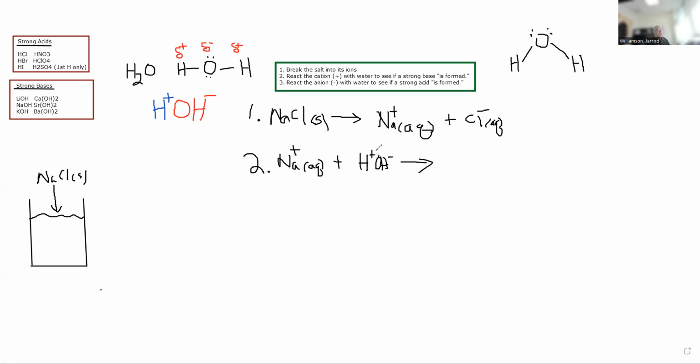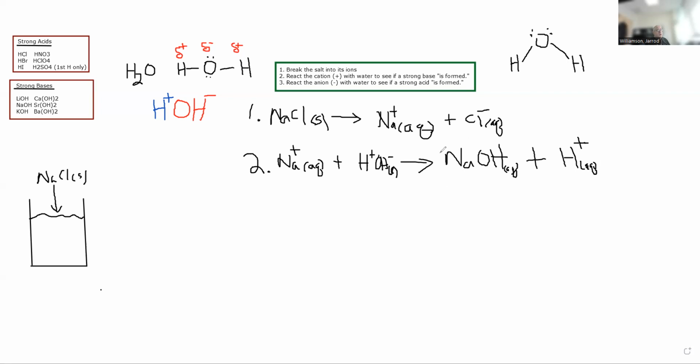That Na plus will be attracted to the OH minus, and it will try to make NaOH and leave some H plus excess floating around, right? It stripped the OH minuses off the water, left some H plus laying around. This is here liquid. This will be aqueous, AQ. This will be aqueous, AQ, and this is supposed to be a plus sign.